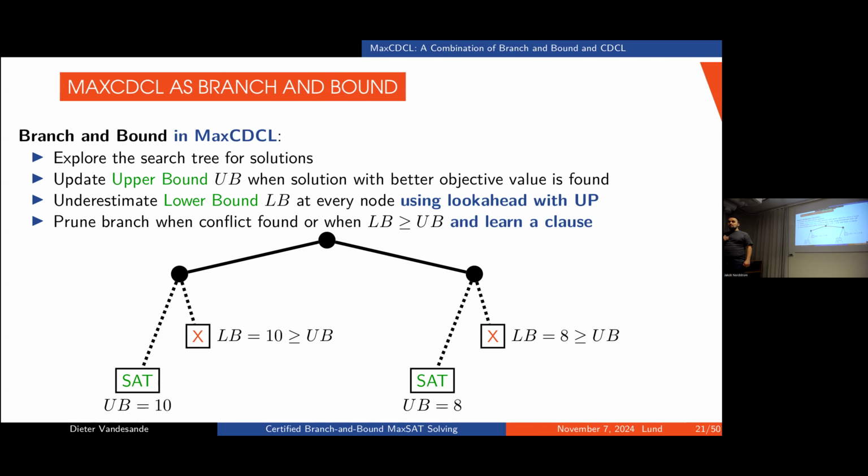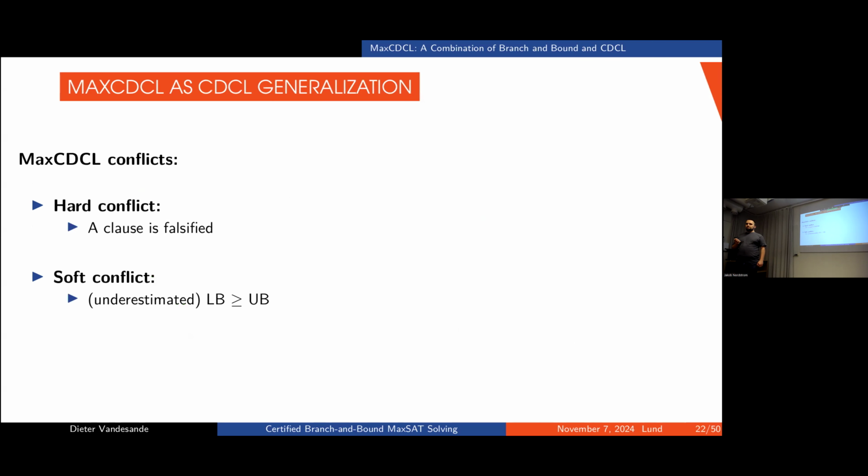Actually, MaxCDCL extends this by using look ahead with unit propagation and by learning a clause whenever it goes into a conflict, either a conflicting clause, so a clause that's been falsified, or when the lower bound is greater than or equal to the upper bound. What's important is that MaxCDCL knows two kinds of conflicts, namely hard conflicts, whenever a clause is falsified, and soft conflicts, whenever the underestimated lower bound is greater than or equal to the upper bound.